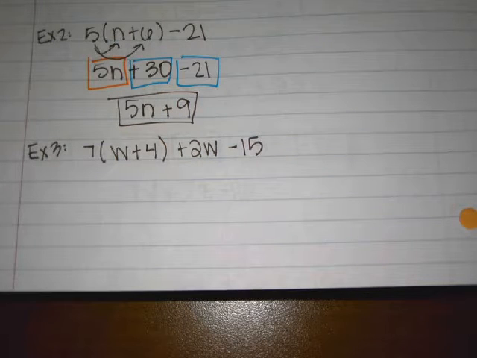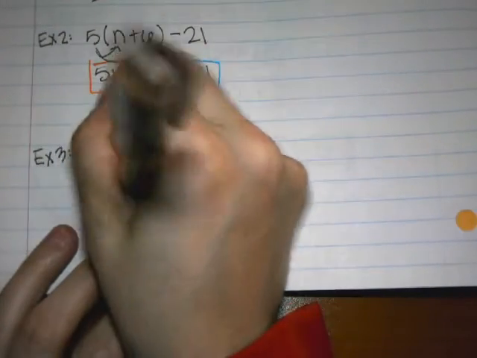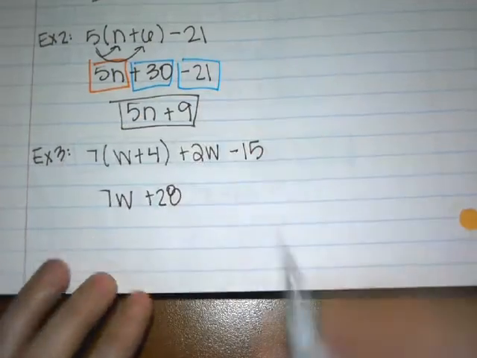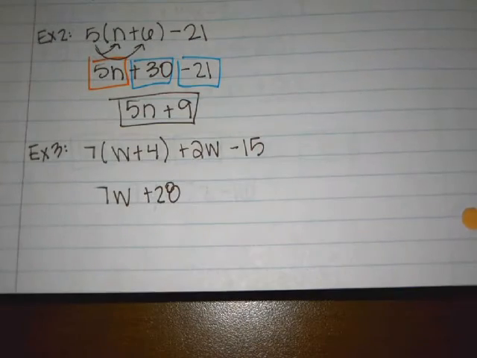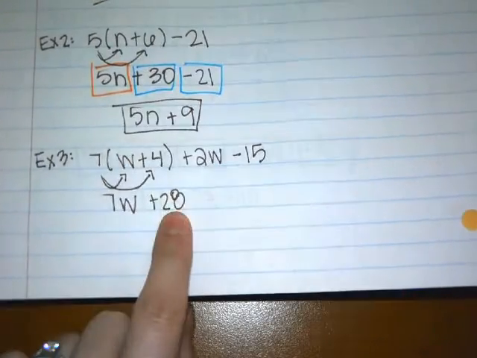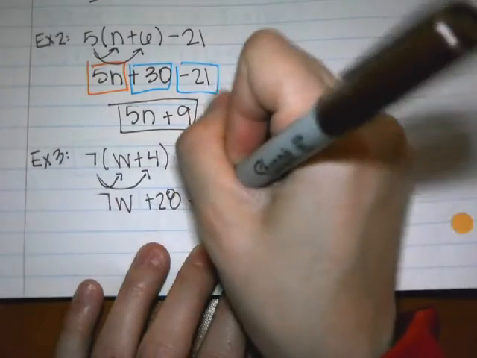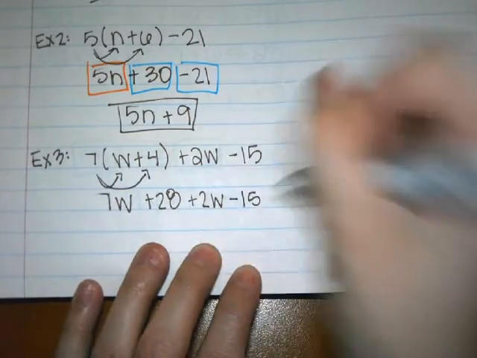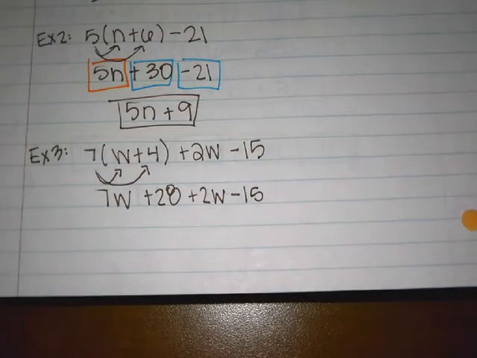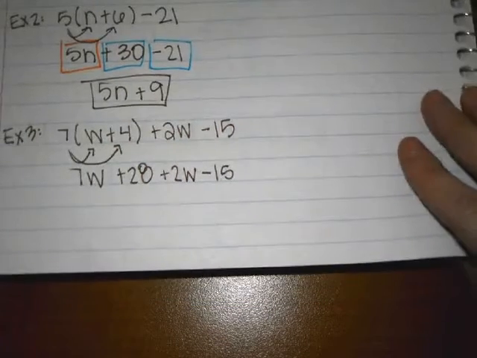Tell me what you got when you distributed. Excellent. So when you distributed, you should have told me 7w plus 28, because 7 times w is 7w. 7 times 4 is 28. Keep that plus sign and then bring down the plus 2w and the minus 15. What should we be doing now, everyone? Combine like terms. Good. Everyone combine like terms for me.